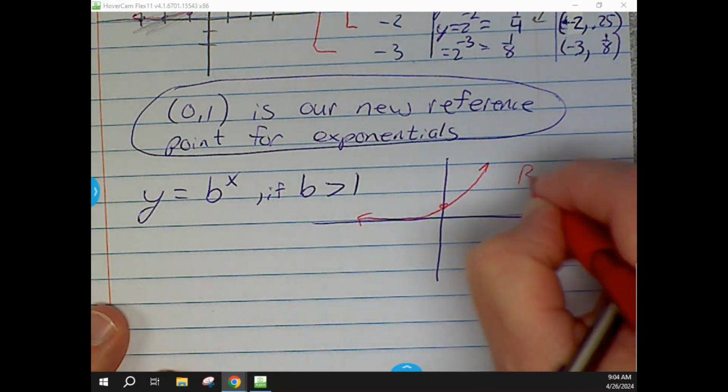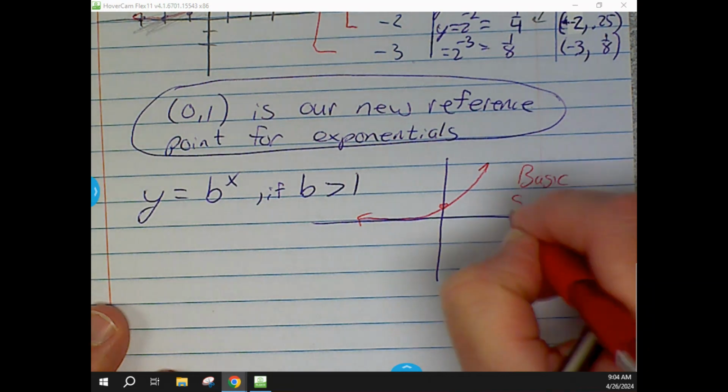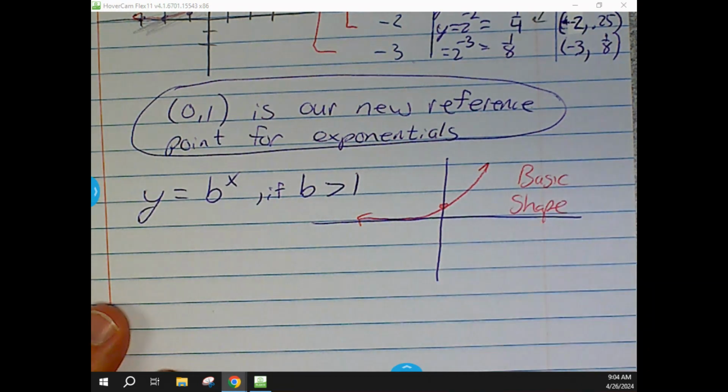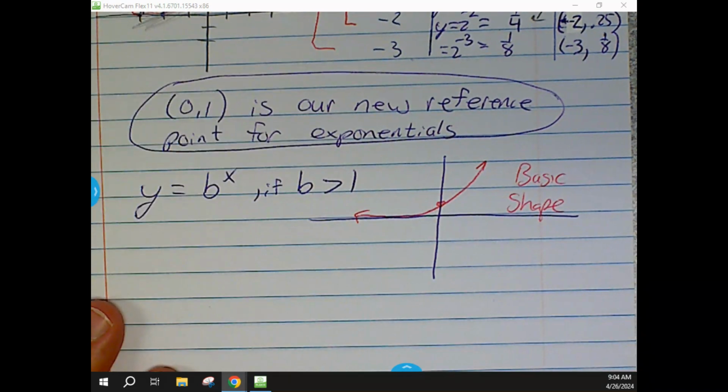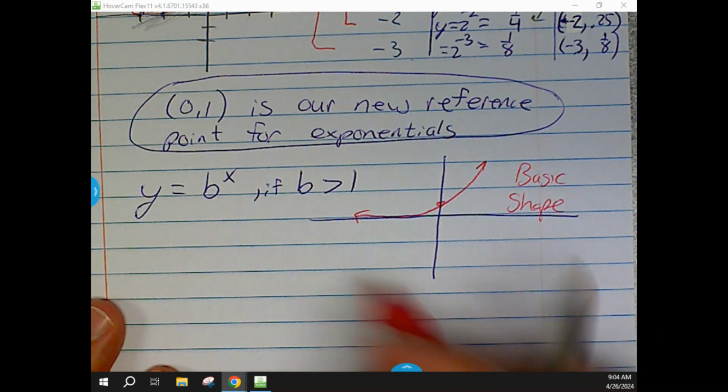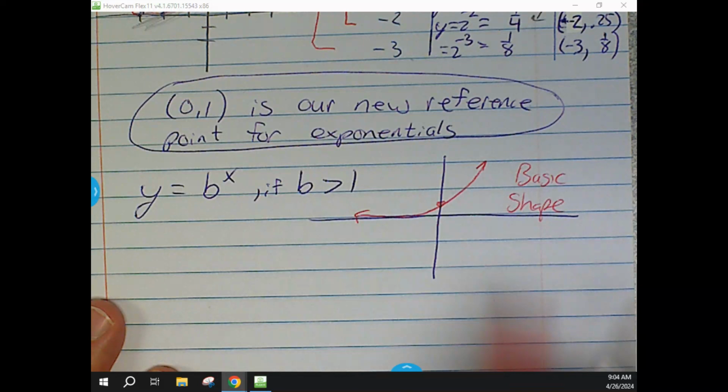This is going to be your basic shape every time. Okay, and if your base is greater than 1, they're going to call this exponential growth.